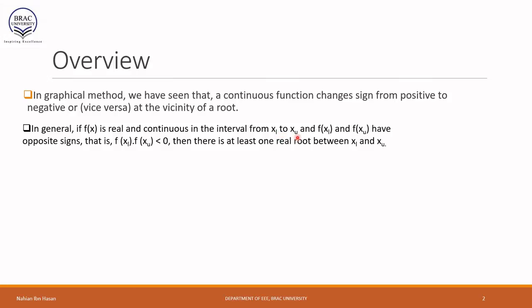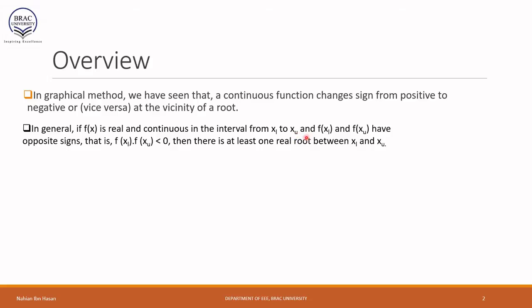So we assume that there is a root within this boundary, within these 2 points, x lower and x upper. The corresponding function values at these 2 points are f of xl and f of xu. We initially told you that the function changes its sign at the vicinity of the root. So if there is a root within these 2 points, the function should change its sign at some point within the boundary.